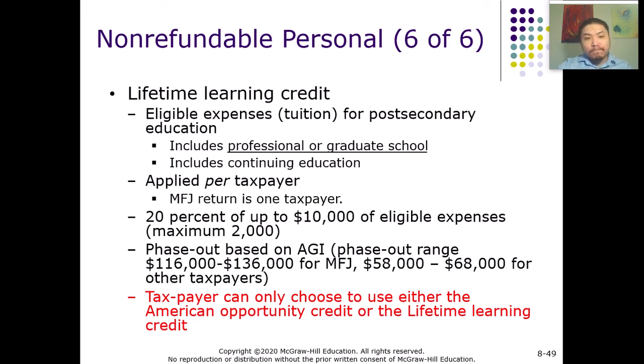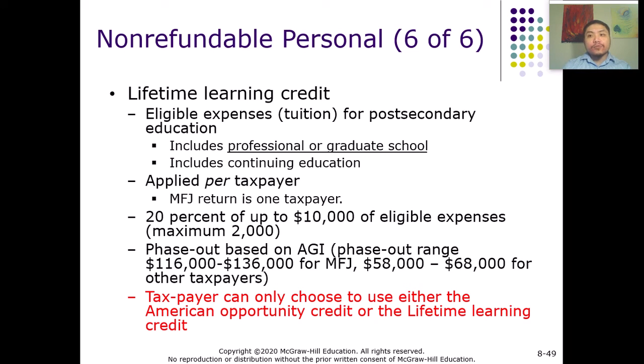All right. And one more thing I want to point out is that a taxpayer can only choose either of the programs, either the American Opportunities Tax Credit Program or the Lifetime Learning Credits Program. Right? They cannot choose both. For other programs, they can pretty much choose everything.